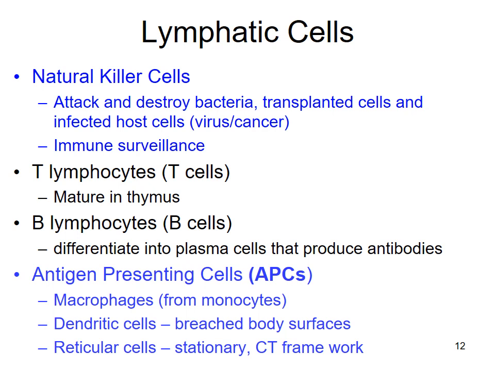Within the category of antigen presenting cells, we have our macrophages, we have our dendritic cells, and we have our reticular cells. I've jotted down some notes on the slide, so I reminded you that your macrophages come from your monocytes. Your dendritic cells you find in body surfaces.